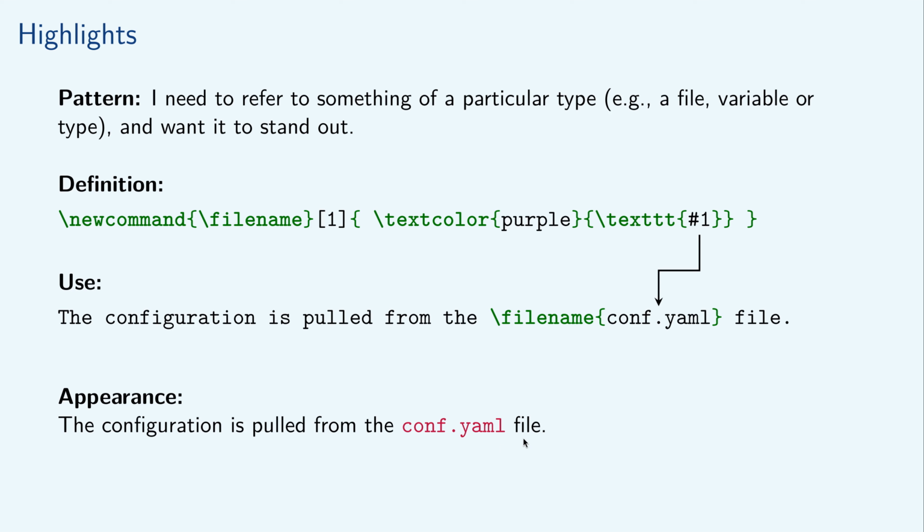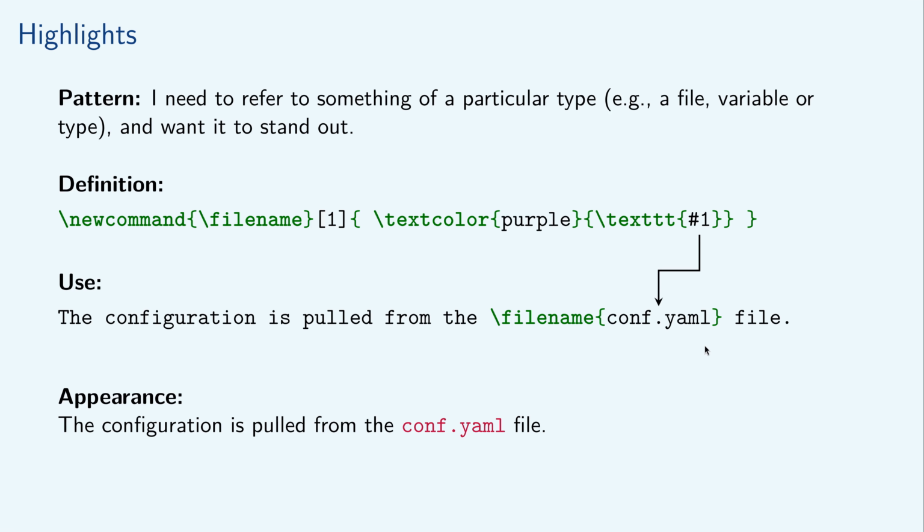And the interesting thing here is that when I wrote this, I didn't really care about the specific color. I didn't care about the specific formatting. What I cared about was that in the text of my document, I marked up that conf.yaml is a file name.